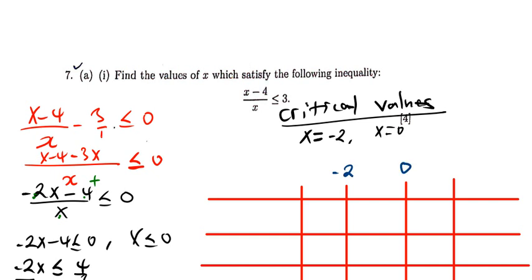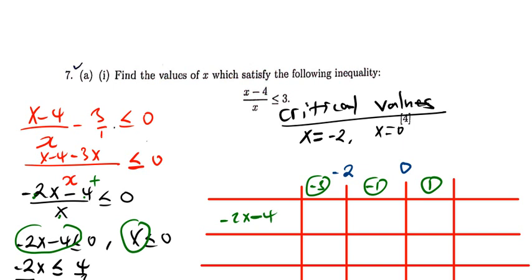A number in between, I can get negative 1 as well. Here negative 3, then here 1. Here you just put in this part and x. So you have negative 2x minus 4, and x. You divide negative 2x minus 4 by x.